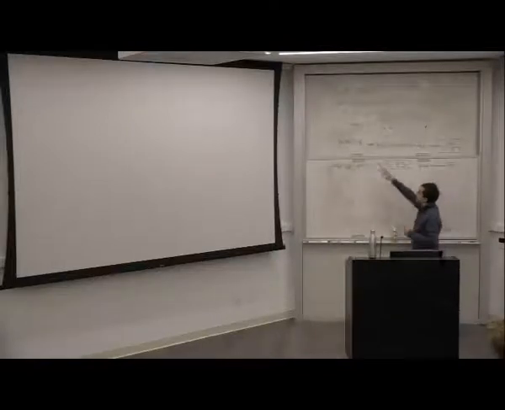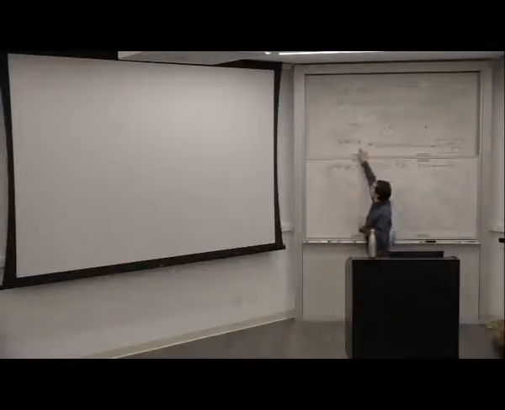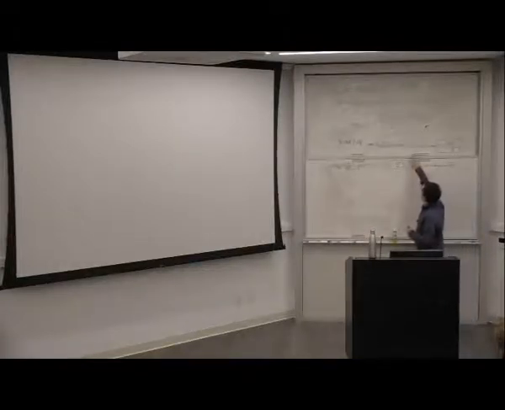Then we did the analysis for the mean square error of the estimates. We are hoping that expected value of xt minus x star goes to 0. And eventually, we got this iteration for the mean square error. And then we argued that bt can be upper bounded by this term.